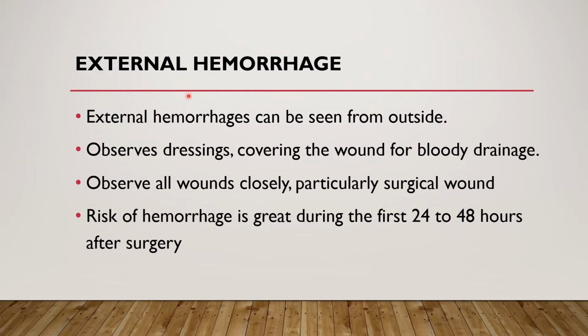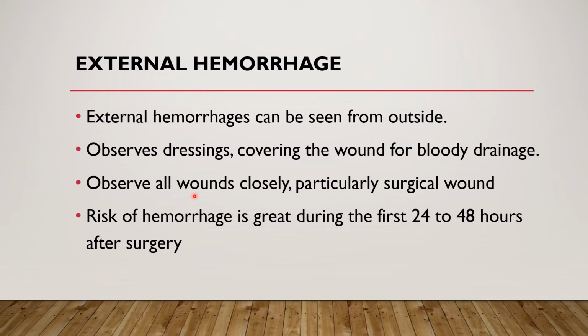Next is the external hemorrhage. External hemorrhage can be seen from the outside. How can you tell? You can observe the dressing that covers the wound, and if there is any bloody drainage, you can determine that there is an external hemorrhage, that blood is coming outside the wound.